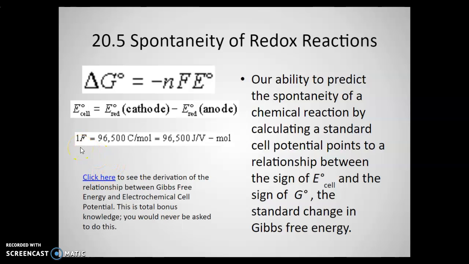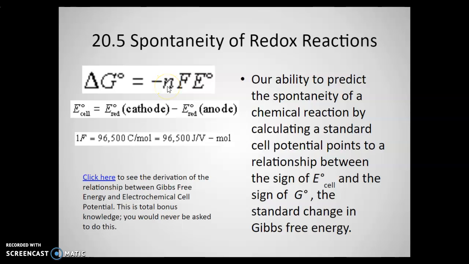F stands for Faraday's constant. That is 96,500 coulombs per mole of electrons. The N, the mole here, is the mole of electrons transferred in the electrochemical cell. So if it's a one electron transfer, one electron goes from the oxidized chemical to the reduced chemical, then that number is 1.